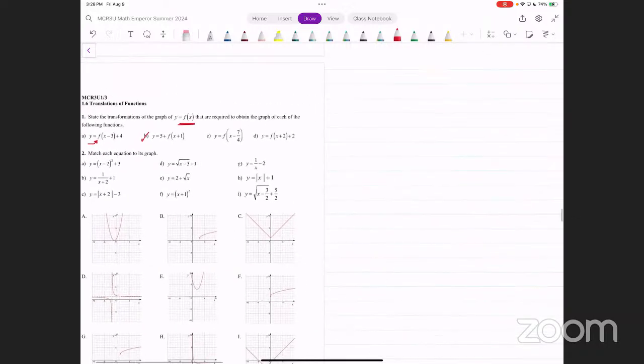What do you think is going to happen? Horizontally translate. If it is a minus, it's right, and positive is left, right? So horizontally translate to the right 7/4 unit. Okay, D.